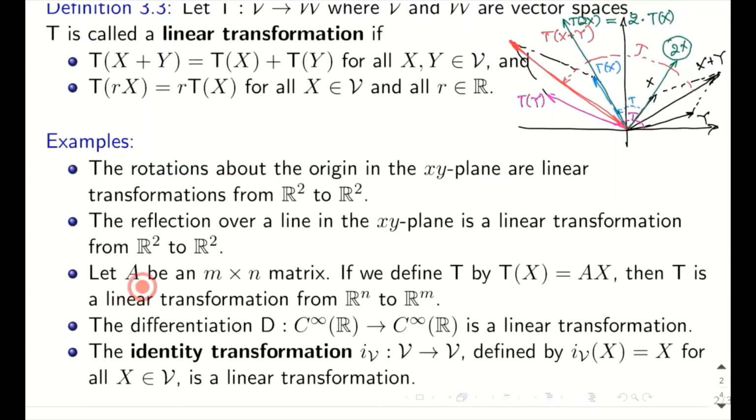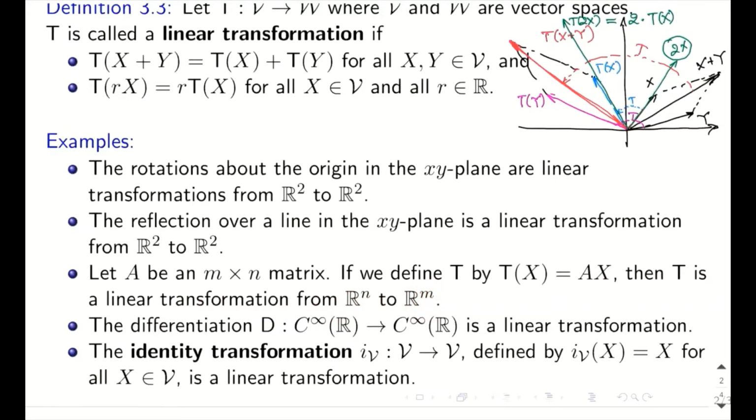If you consider a matrix A of size m by n, and define a transformation T of X being computed by multiplying the matrix A with the column vector X, then the newly defined transformation T is in fact a linear transformation from Rn to Rm.